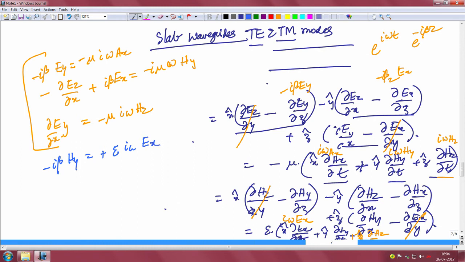Similarly, that is, minus is already there, and minus plus we have made it, minus del Hz by dx minus, with respect to z, minus I beta plus I beta into Hx equals epsilon into I omega Ey.